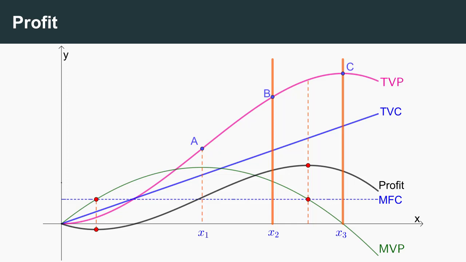So we're looking at total variable cost, and fixed cost is not affecting the producer's decision. And to help you better understand how we can find the maximum profit, I actually plot the difference of those two curves as the black curve here, which is the profit curve.